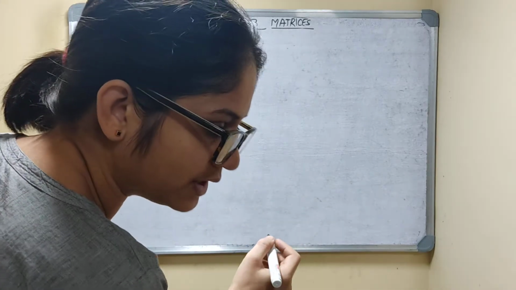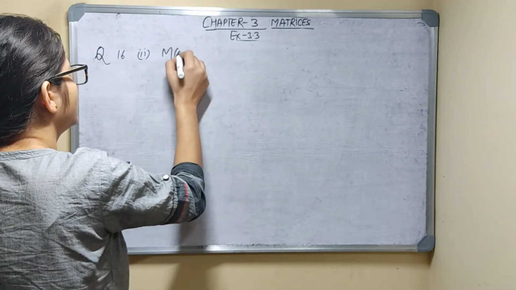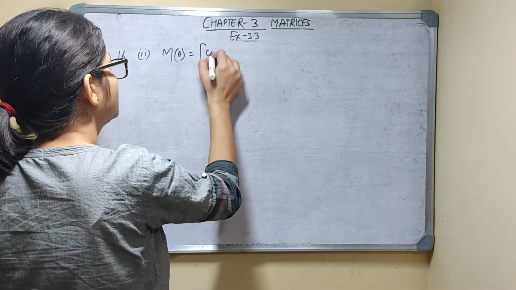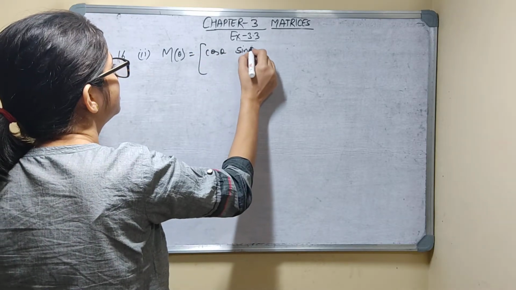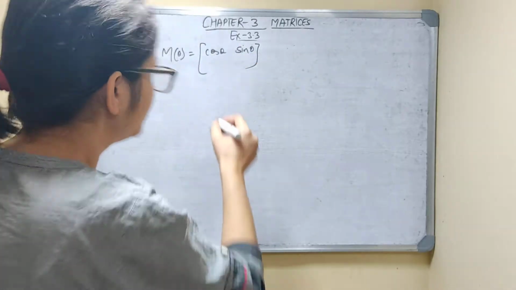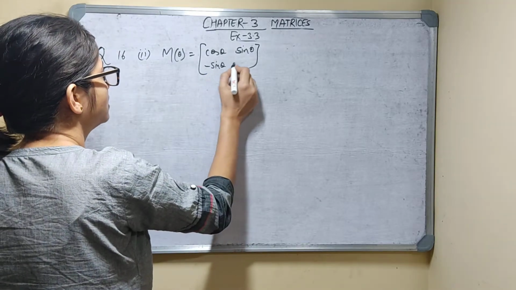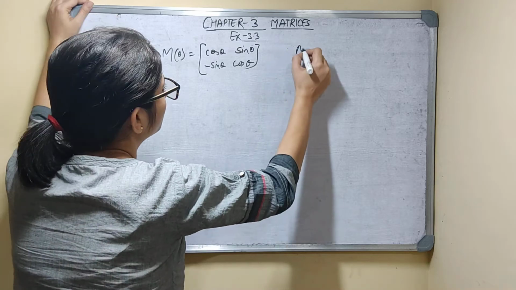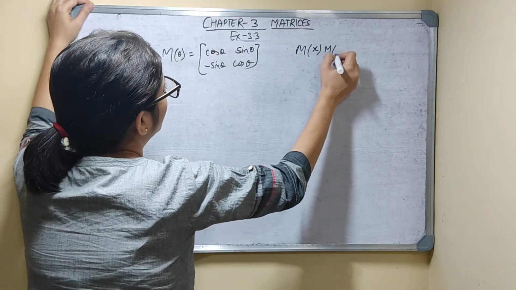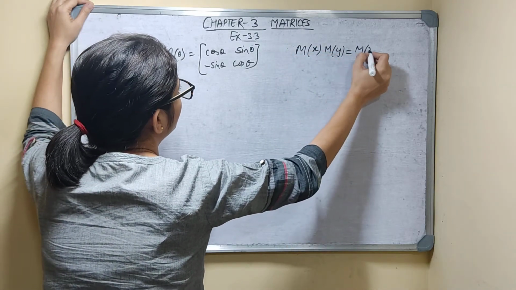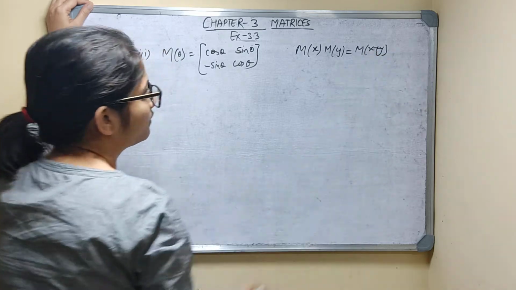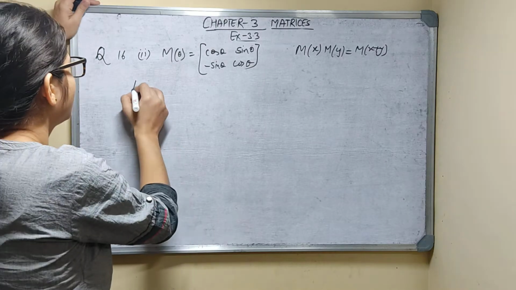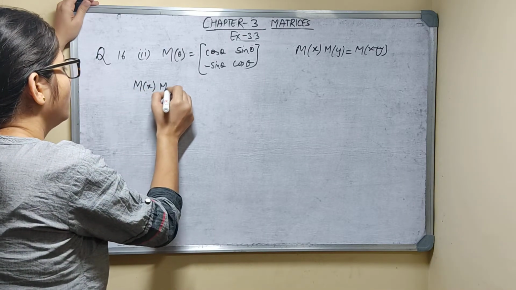If m of theta is equal to cos theta, sin theta, minus sin theta, cos theta, you have to show that m of x times m of y is equal to m of x plus y. So I can write m of x, m of y. Let's start writing m of x, m of y.